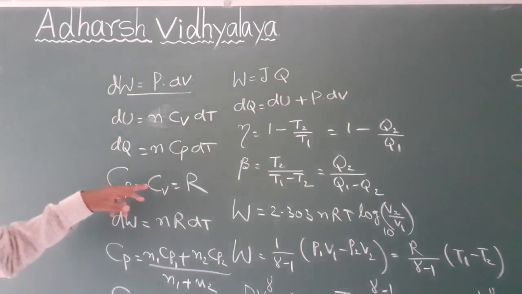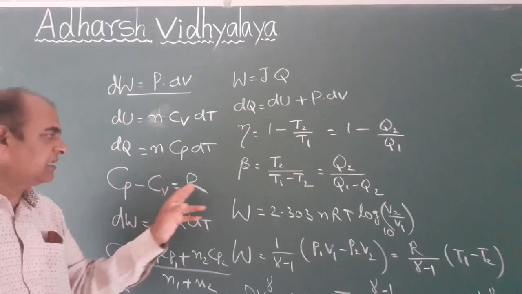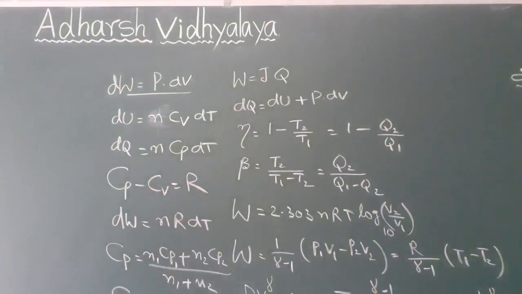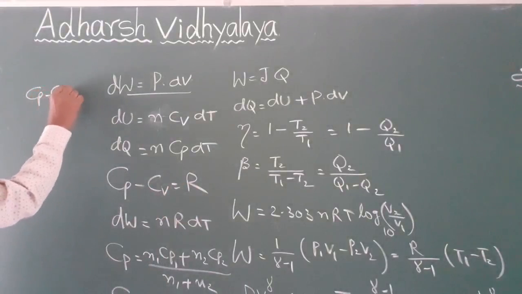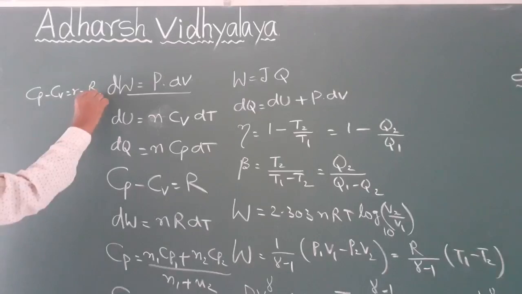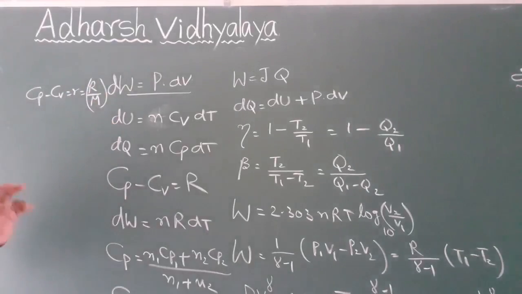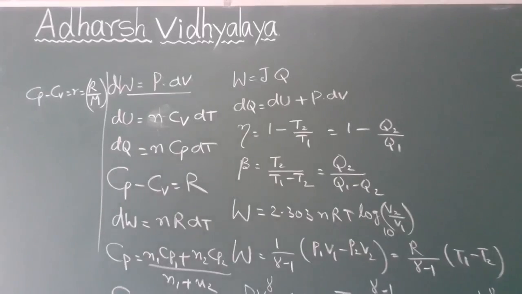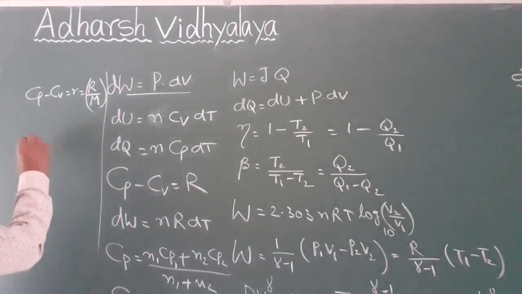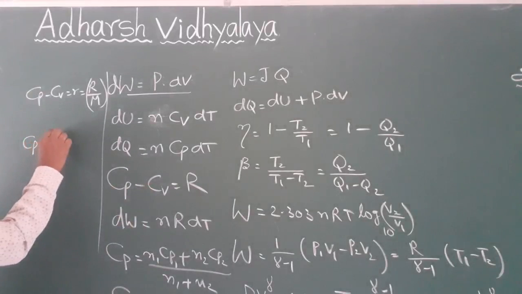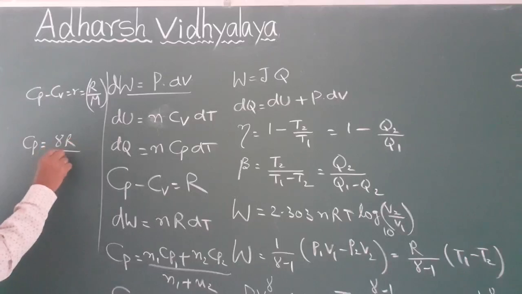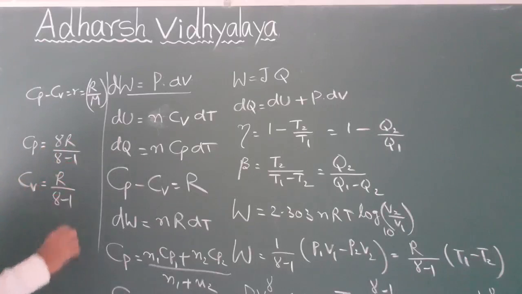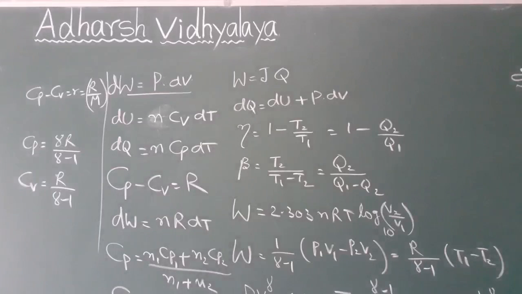If Cp and Cv are molar specific heats, Cp minus Cv is capital R. If they are gram specific heats, Cp minus Cv is equal to small r, that is capital R by molecular weight. For molar specific heats, Cp is equal to gamma R by gamma minus 1, and Cv is equal to R by gamma minus 1.